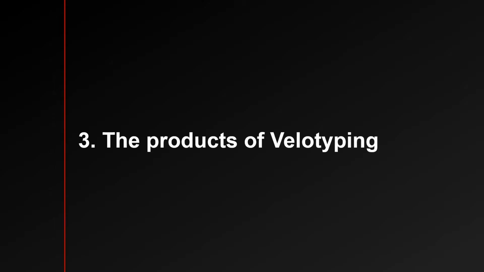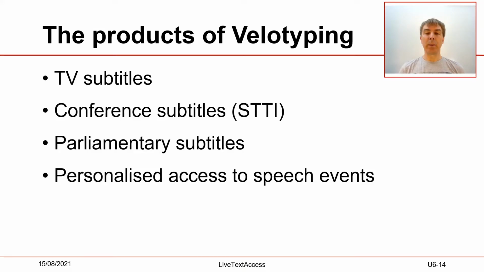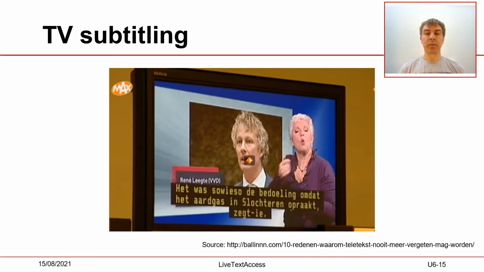Section 3. The products of velotyping. Velotyping can be used to produce TV subtitles, conference subtitles, or speech-to-text interpreting, parliamentary subtitles, and personalized access to any type of speech event. This is an example of TV subtitling, in this case also with a sign language interpreter.